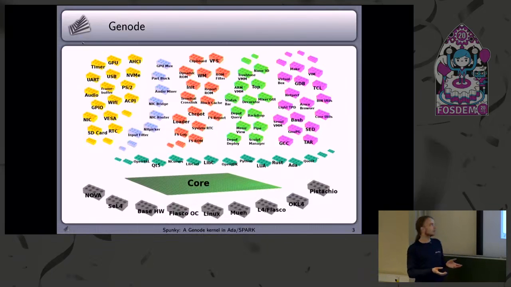Normally all these components don't know about each other. They only see services and know how to use them, but they don't know where they come from. So normally you have only client-server relations and parent-child relations between them.